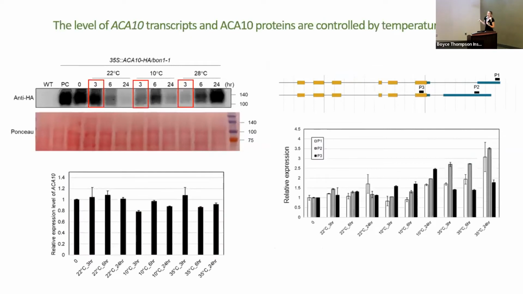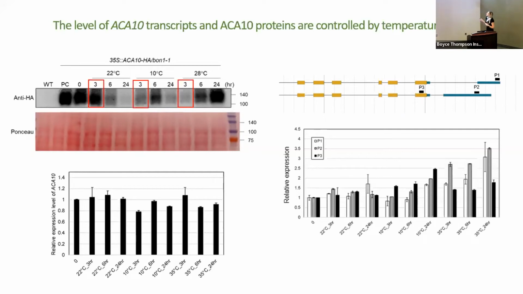So as more background research, I wanted to study the general effect of temperature on the ACA10 gene. I have conducted a Western blot and a qPCR to display this. My Western blot used the ACA10 BON1 transgenic line. BON1 is an interacting protein which has been found to upregulate the ACA10 and ACA8 genes.